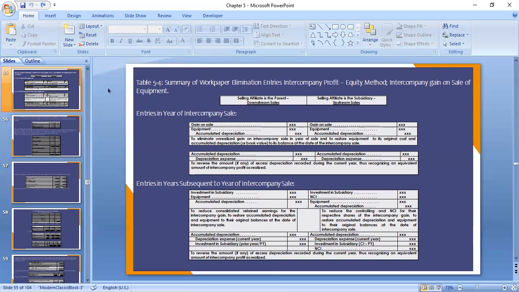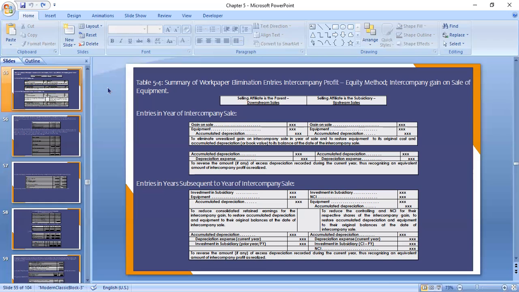Now, whether we have an upstream or a downstream sale, we debit accumulated depreciation and credit depreciation expense to reverse the amount, if any, of excess depreciation recorded during the current year, thus recognizing an equivalent amount of intercompany profit as realized.